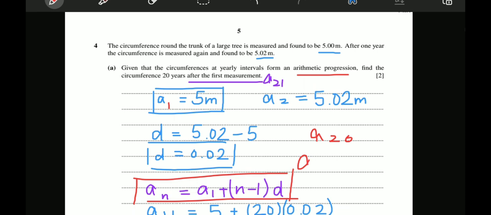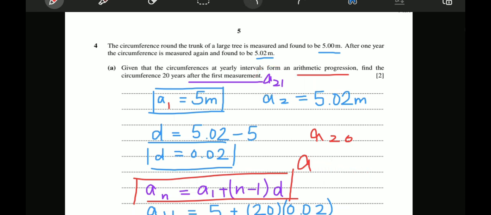They are telling you after the first measurement, A1 is started, and that means 20 terms after A1, because 20 years are being counted after the first measurement. So that means that you have to find A21. That is the tricky part in this. Okay, so read very closely whatever is written in your question, and there will be no errors then.